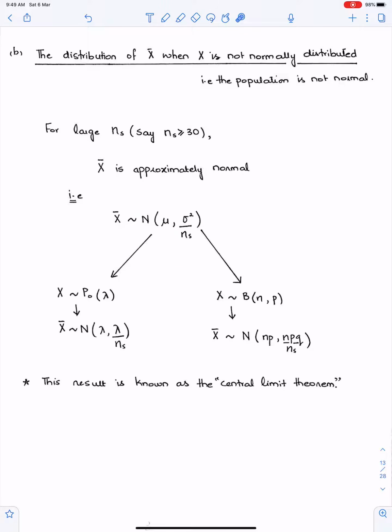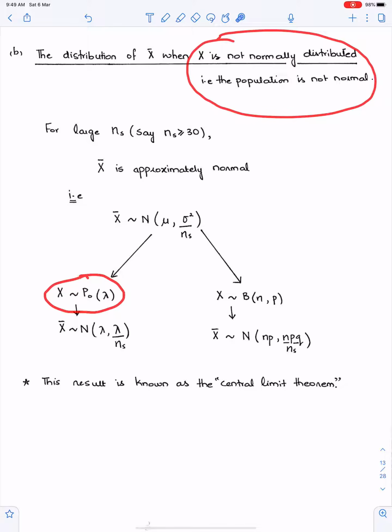Let's suppose the population was Poisson. We can have three options. The population is not normal means maybe the population was Poisson, maybe binomial, and maybe the population was unknown. So we have all three possibilities. What if the population was Poisson?